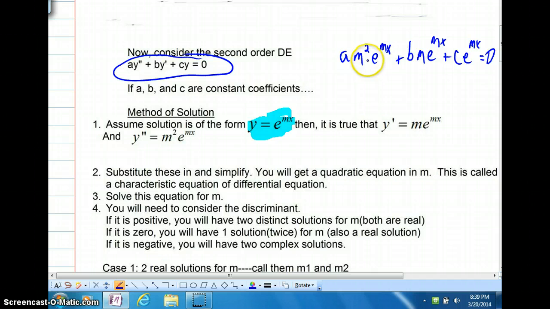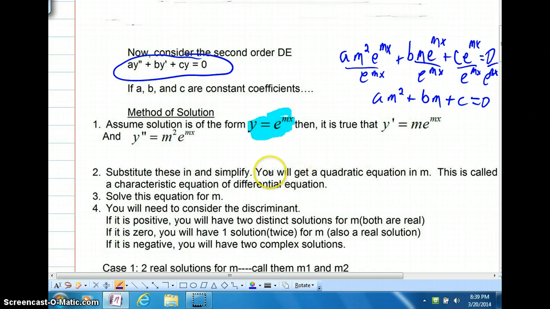Tell you what, e to the mx is a non-zero quantity, so we could divide by e to the mx everywhere. And what we will be left with will be am squared plus bm plus c equals 0. This is what we will get, a quadratic equation in m.